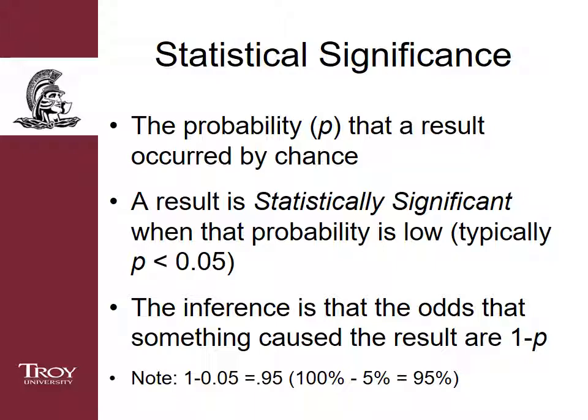Now, there's no hard and fast rule on this, but typically the number that gets used a lot is 5%, or as a decimal, 0.05. So when P is less than 0.05, when the probability that an empirical result occurred by chance is that low, whether that be a difference in proportions, hey, 52% of women are in favor of gun control as opposed to 47% of men, or Whelan's grade, that's the thing we've observed.